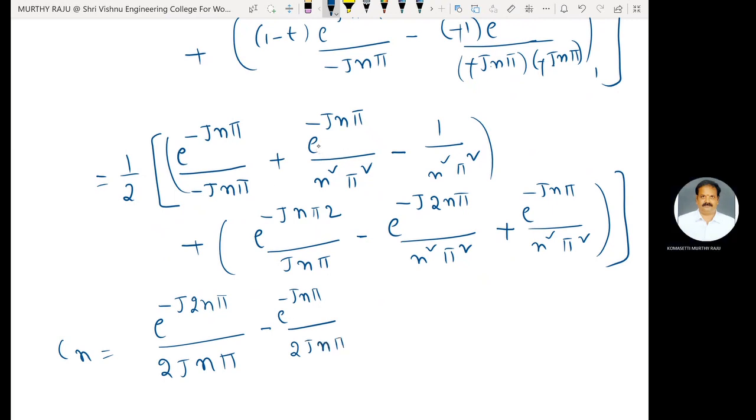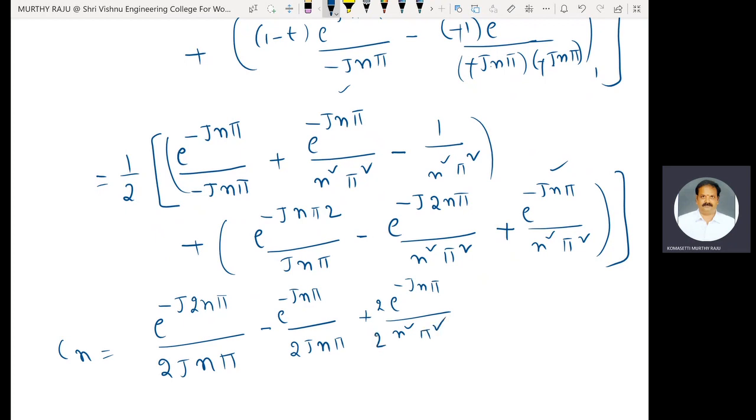Here e power minus j n pi by n square pi square plus e power minus j n pi by n square pi square, 2 by 2 is 1. These two are considered, plus e power minus j n pi by n square pi square. Here 1 by 2 is there.